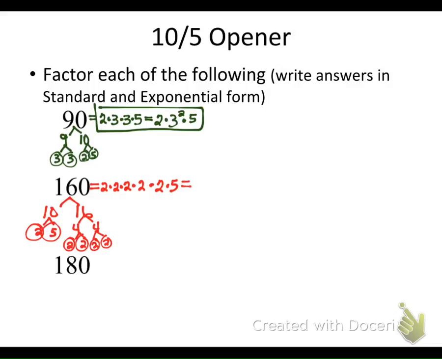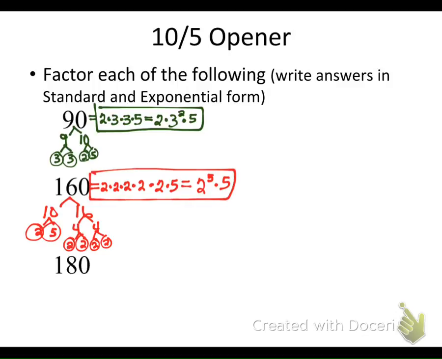Exponential form, Deontay. 2 to the 5th times 5. There you go. Good. Questions? No. All right.